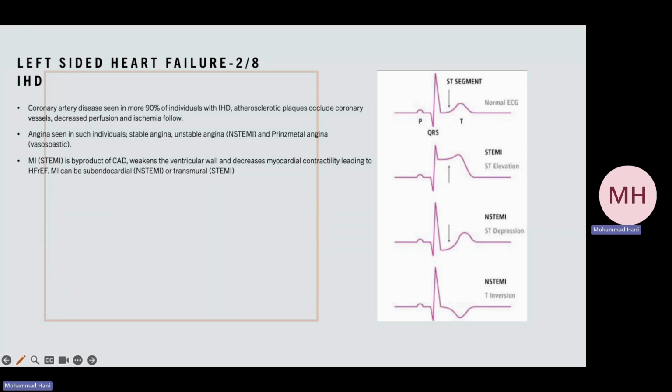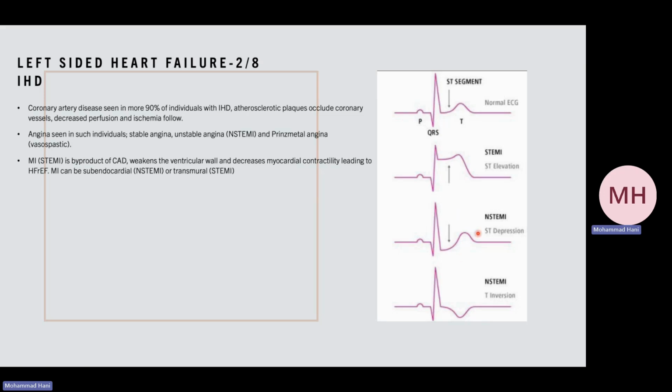As you can see over here on the right side, this is a normal ECG. This is ST elevation, which would be indicative of myocardial infarction with transmural infarction. Basically, the entire ventricular wall thickness has been infarcted. The exact reasons why it is elevation and not depression are because multiple different ECG vectors are involved, but that's not important for the exam.